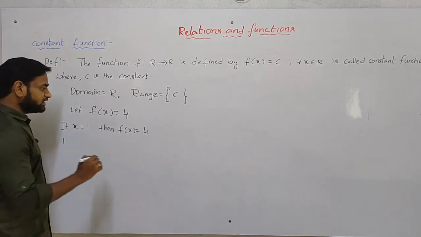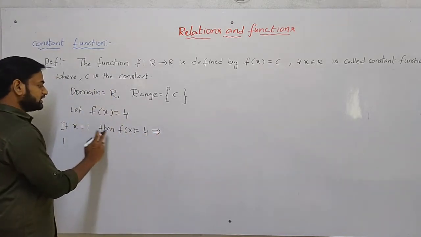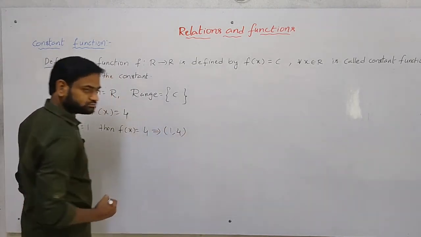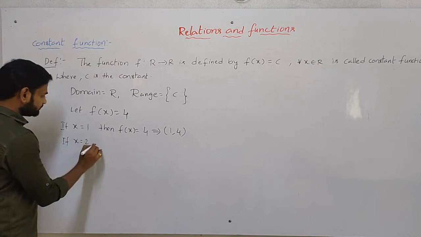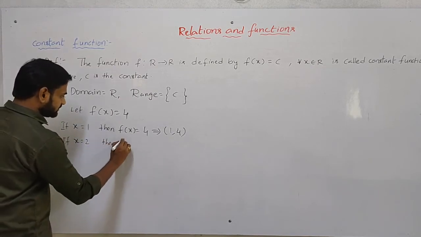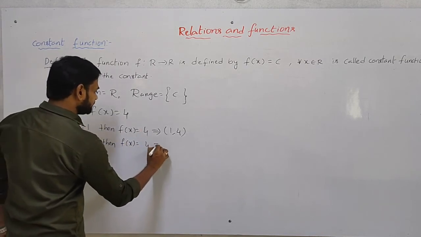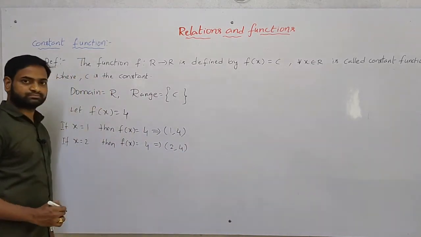So the point is x value 1, f of x value 4, that is 1 comma 4. Next, if x value is 2, then f of x is again 4 only, that is 2 comma 4.